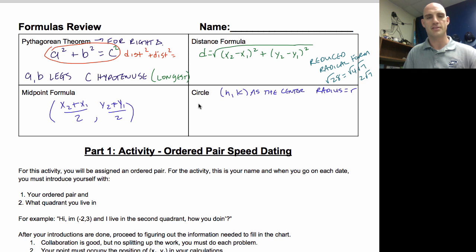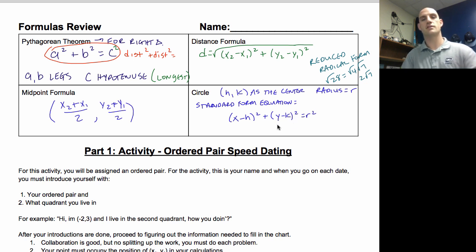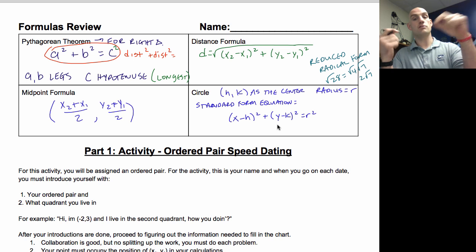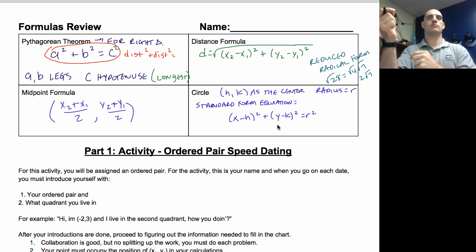And so my standard form equation is x minus h squared plus y minus k squared is equal to my radius squared. Okay, that's what we're looking at right now. So the standard form equation is x minus the x coordinate of the center squared plus y minus the y coordinate of the center squared equals radius squared.